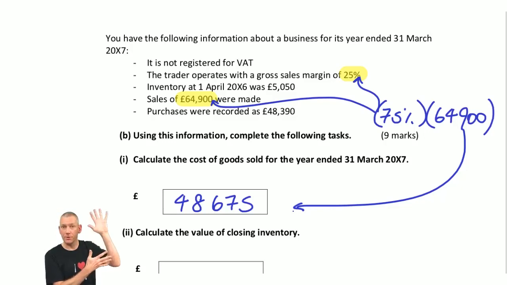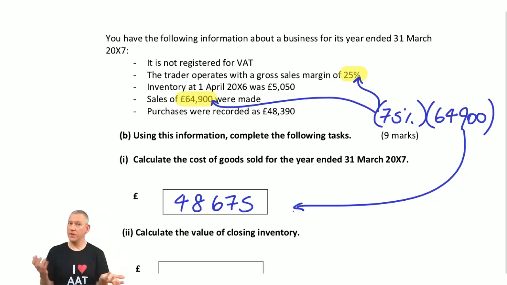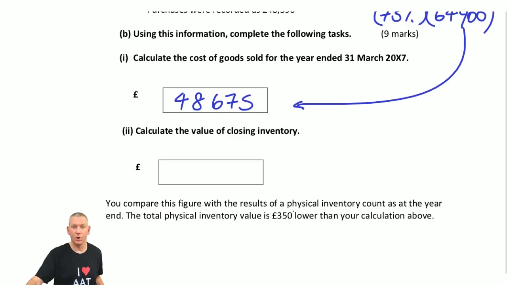And if you know the gross profit over sales, you also know the costs over sales. And we want to know the costs over sales because that's the question. So if 25% of the sales is profit, 75% of the sales is costs. But how is the costs made up? How do we calculate the costs?